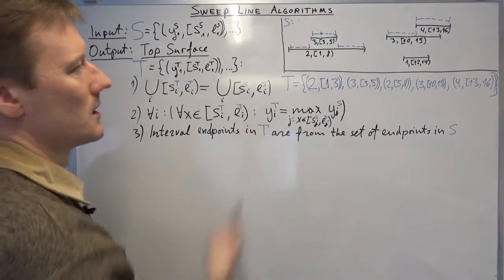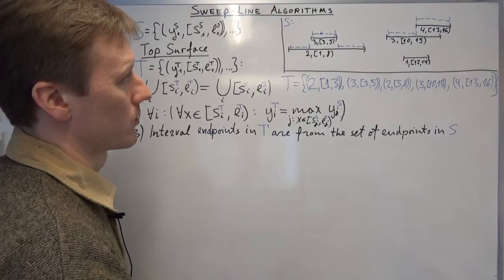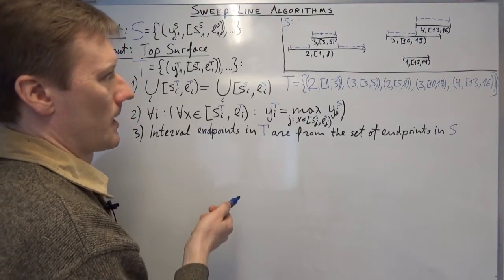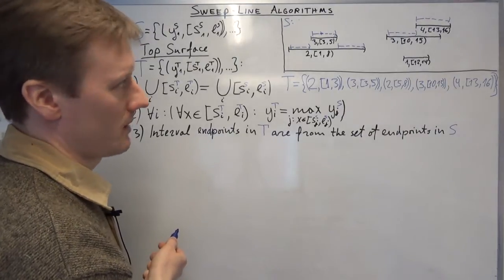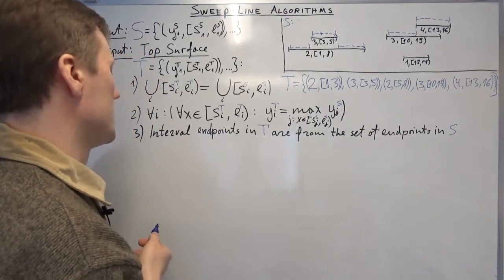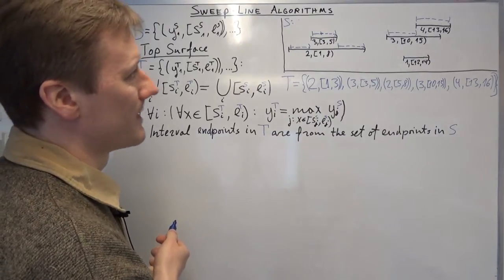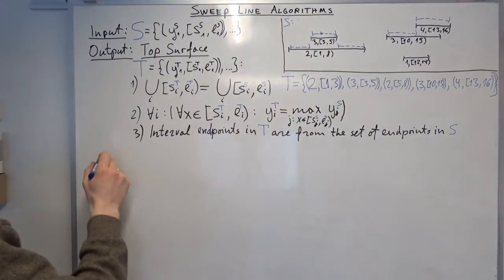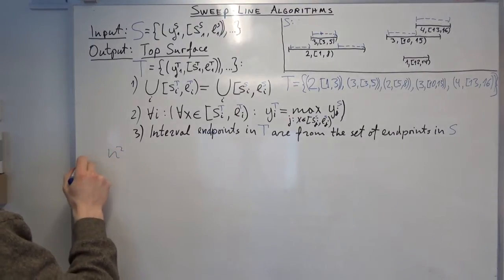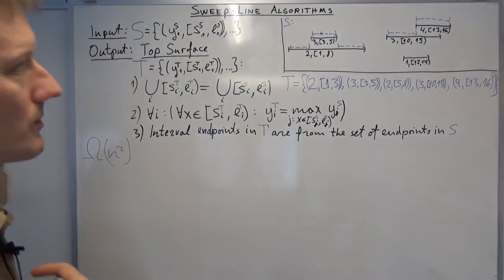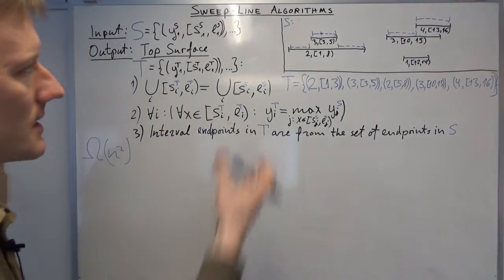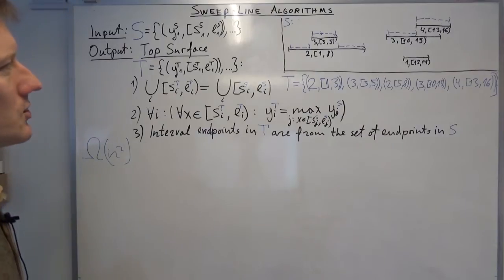If yes, we put it to the output. So running through all the intervals, we would be able to construct an output in time that would be at least n squared, depending on how we implement that. So that's the running time of the brute force algorithm. That does not take into account this geometric property of the problem.